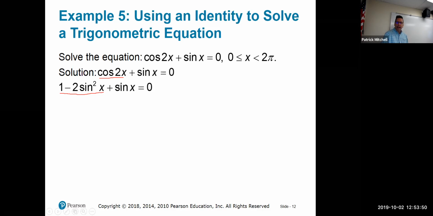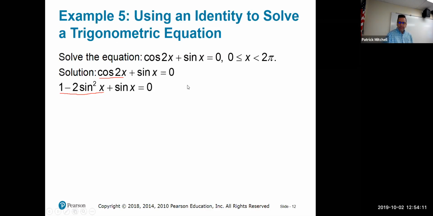It is quadratic in sine x, just like that other example we did with the cosine squared of x. And equations like this are practically the whole reason that I went over section P7 just before this, because we needed to practice solving quadratic equations.